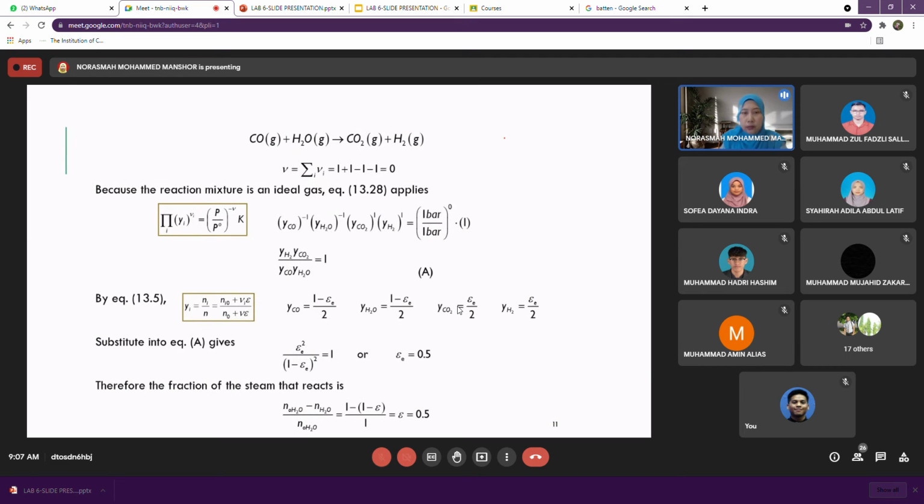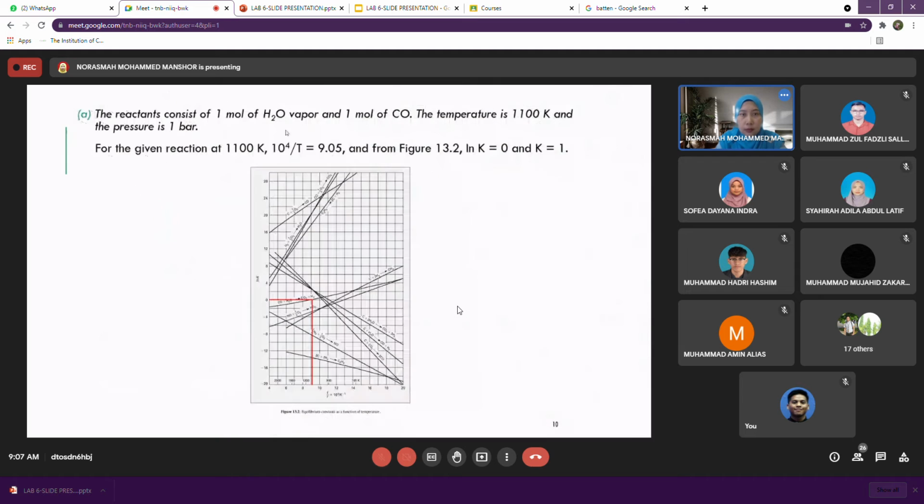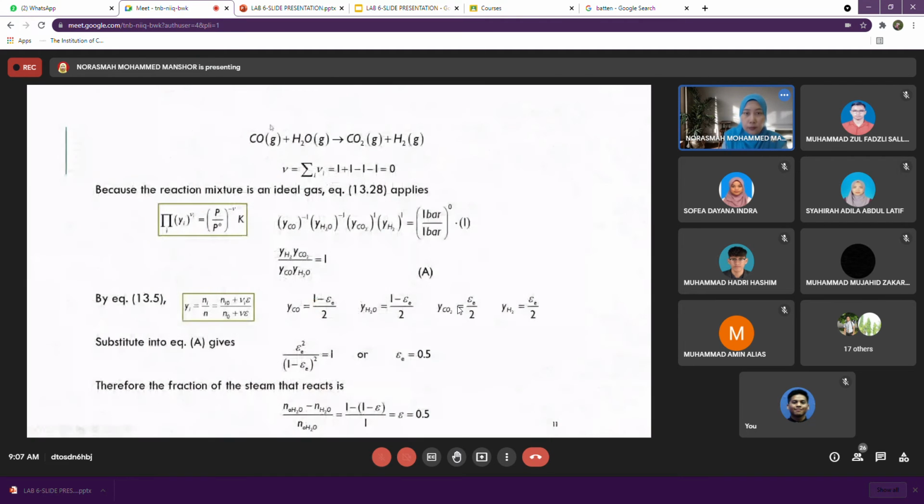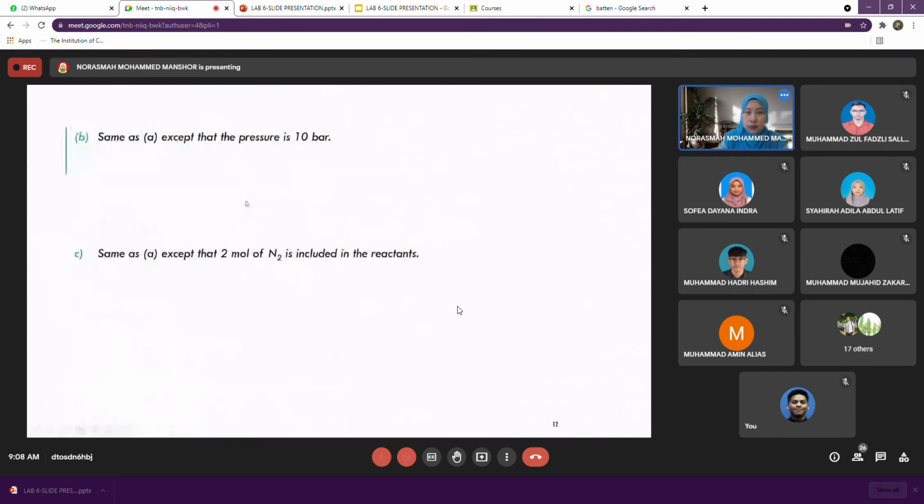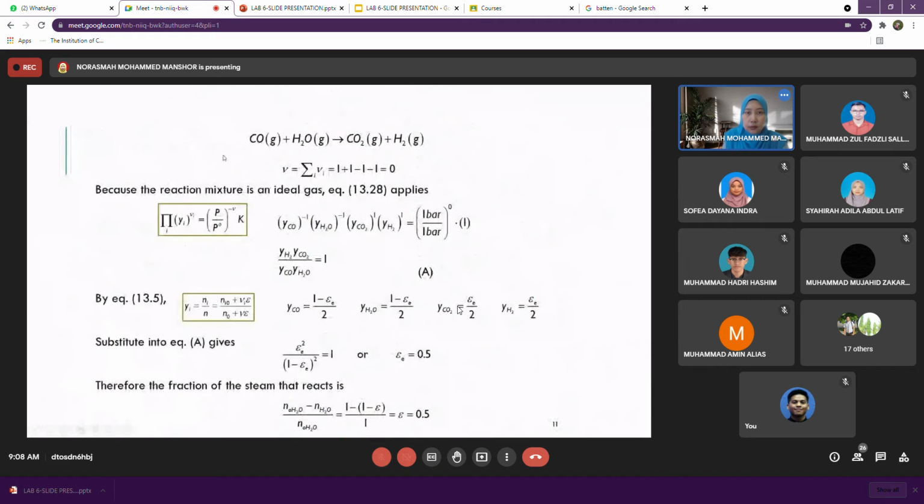Okay, for this reaction, what was given for ni naught? 1 mole H2O, 1 mole CO. And ni naught for CO is 1 and H2O is 1.